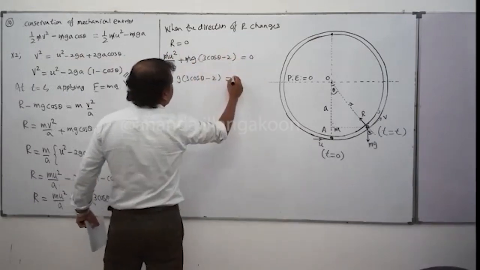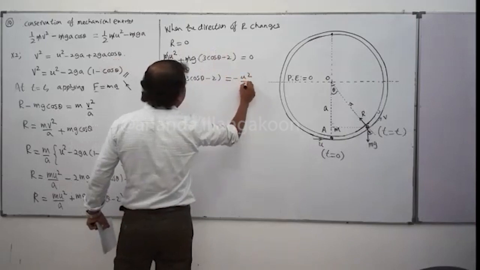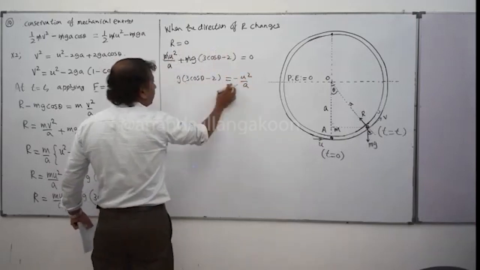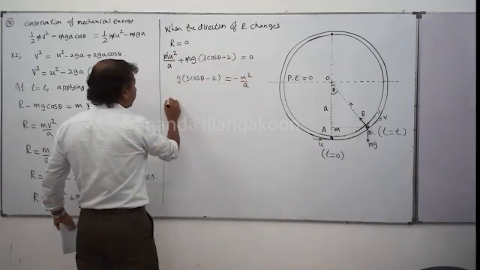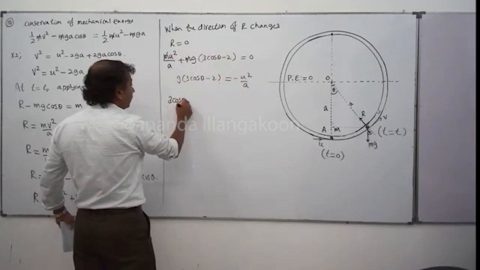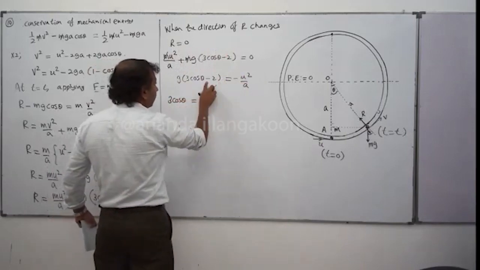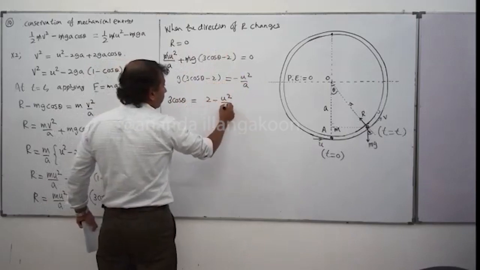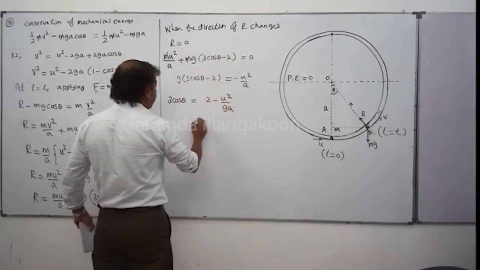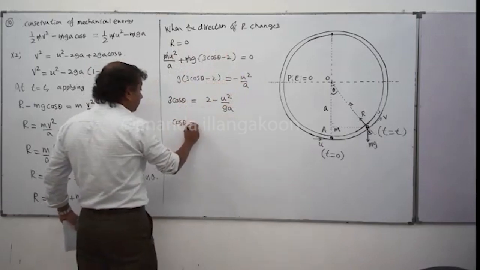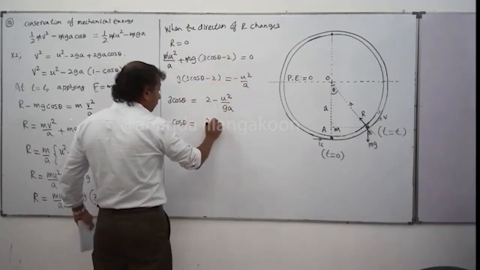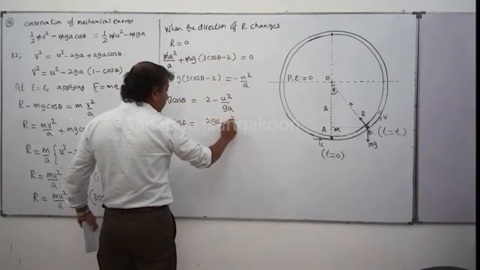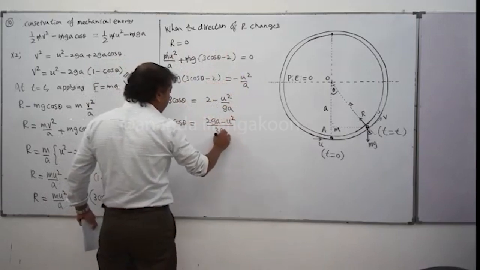Bring this right hand side, it's minus u squared by a, bring this g here and take this to the right hand side. 3 cos theta is equal to 2 minus u squared divided by gA. Cos theta is equal to (2gA minus u squared) divided by 3g.